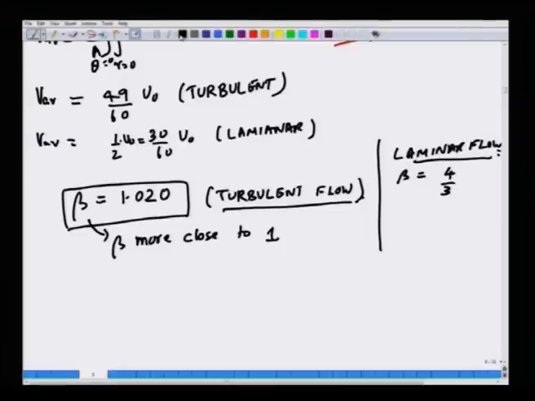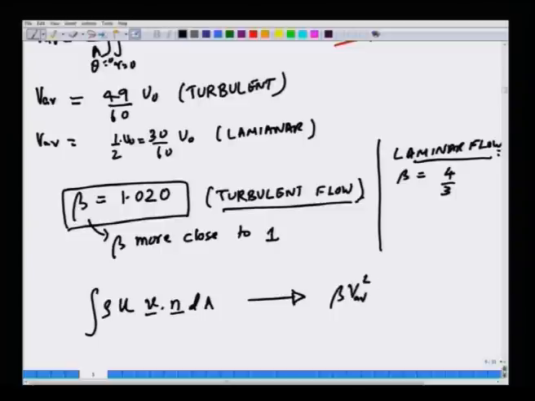Okay. So, whenever you have flow through pipes or channels, it is always good, in order to compute the momentum flux term, which is essentially this, to write this, let us take one component, as rho V average squared beta times the area.